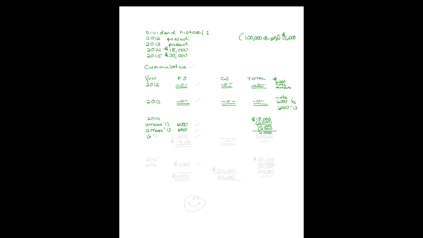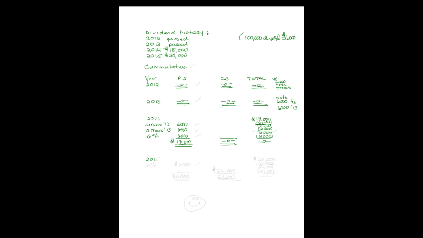Now we need to get the current year for 2014 paid, and it will go to preferred stockholders first. Wow, it sucks to be a common stockholder. The arrears are paid in full, and alas, so is the dividend, and all $18,000 is going to the preferred stockholders with a big fat lump of coal for the common stockholders. If you're a common stockholder, you want to know if there's a cumulative feature on the preferred stock standing in front of you, wouldn't you say?